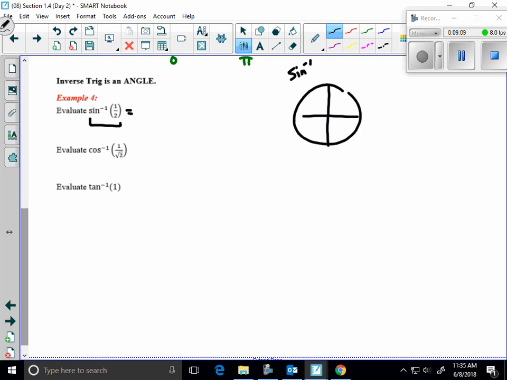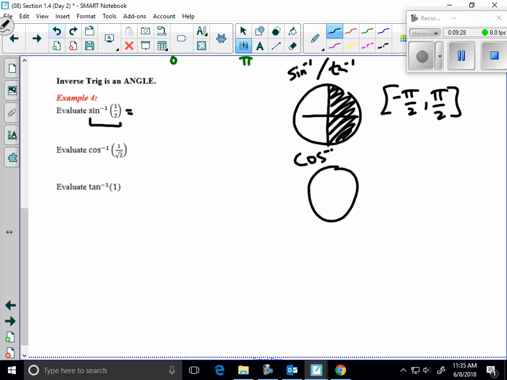If you're talking inverse sine or inverse tangent, your answers have to be between negative pi over 2 and pi over 2. Oops, that should be a close bracket. Okay, if we're talking inverse cosine, then our answers would have to be between 0 and pi, which are the restrictions we put on those earlier. So just to be aware of.